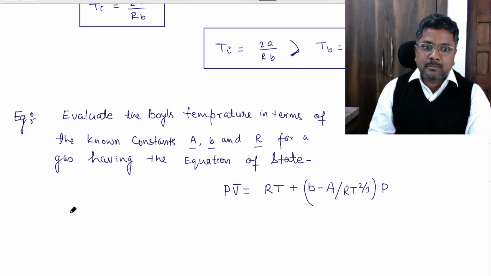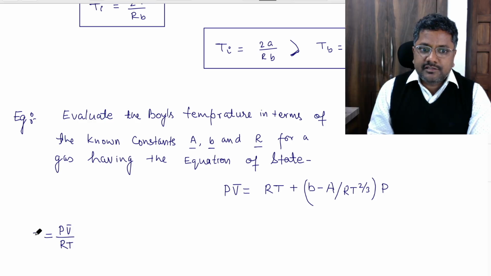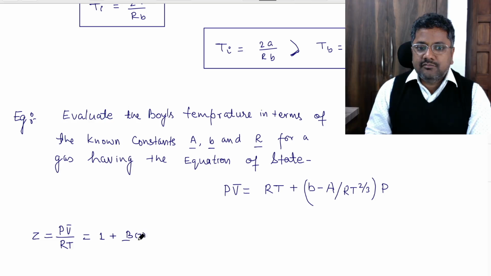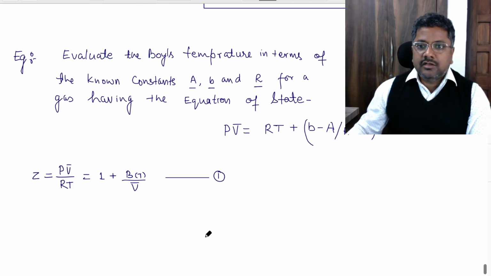From this equation, we start with your basic equation, the virial gas equation: Z is equal to PV by RT is equal to 1 plus BT by V bar. This is your basic equation. Now transform this equation into this form.